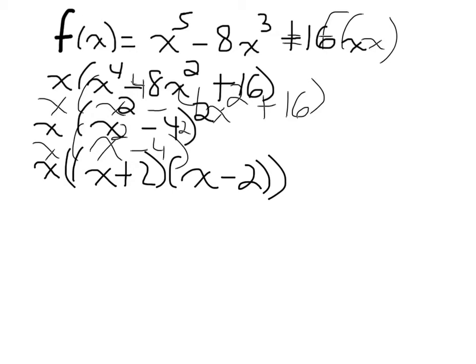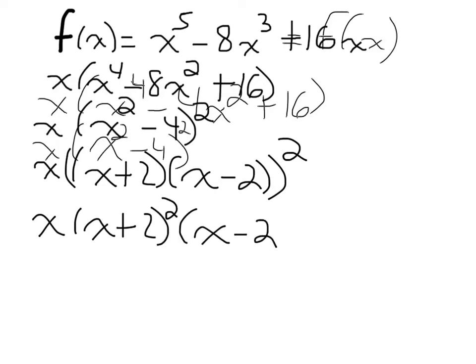And all of that is still inside the squared parentheses. So by property of exponents, each of the individual exponents will now get a square. So now we have the factored polynomial, and now we can use multiplicity of roots to graph this.